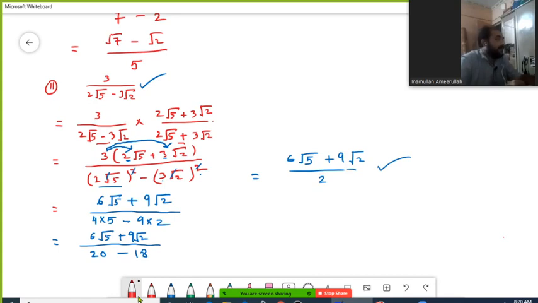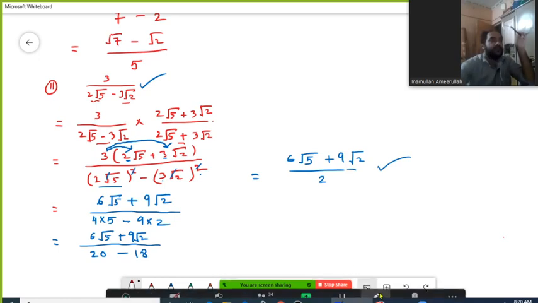But initially in the given fraction, 2 root 5 minus 3 root 2, they are surds, which is a complex form of number, and that is the reason there was a necessity to rationalize the denominator. So hope it is clear to everybody. Now let us move on to the next question.